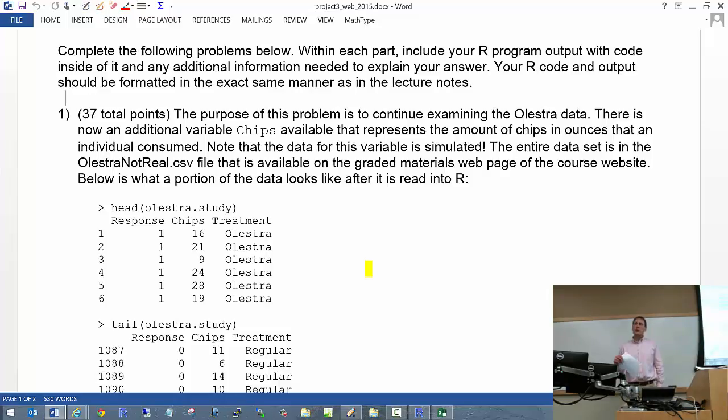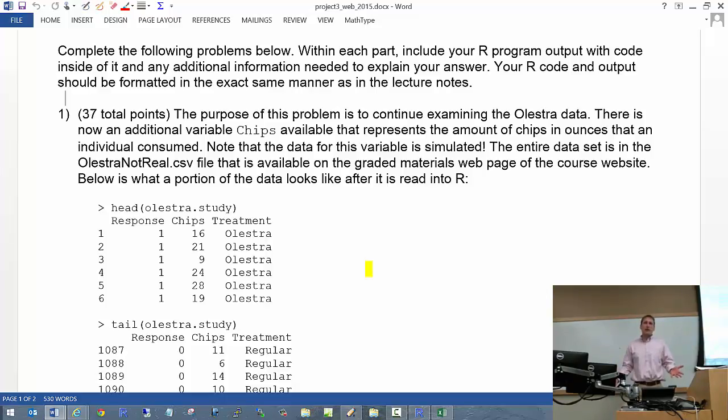And in number 1G of that project, I said, what happens if you also had some additional information about the amount that someone ate? And the right answer for that particular problem was simply include it as an explanatory variable in the model. That will allow you to look at the results from this treatment by controlling something that's very, very important. How much did one eat?